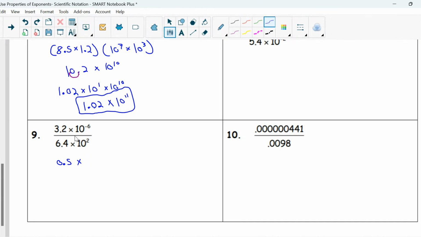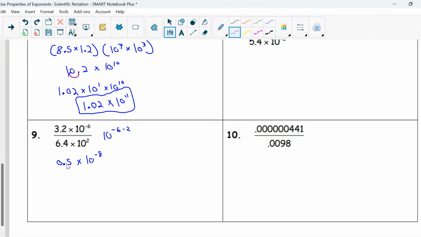times, if we are dividing my tens, it's the same as subtracting the exponents. So I've got -6 minus 2, which would just give me 10 to the -8th power. Okay, I am no longer in scientific notation since 0.5 is less than 1.